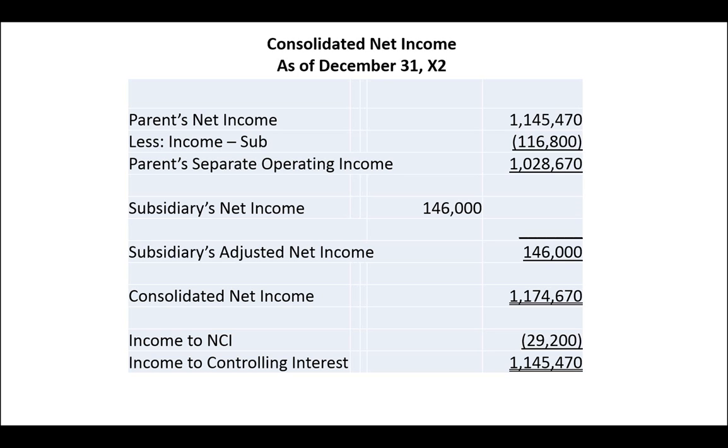Now notice, just a quick reminder here, that this income to NCI of $29,200 represents 20% of the subsidiary's net income. It has nothing to do with the parent, so don't get confused and allocate 20% of the $1,174,670. That represents parent and sub. So that NCI number is just to the sub.